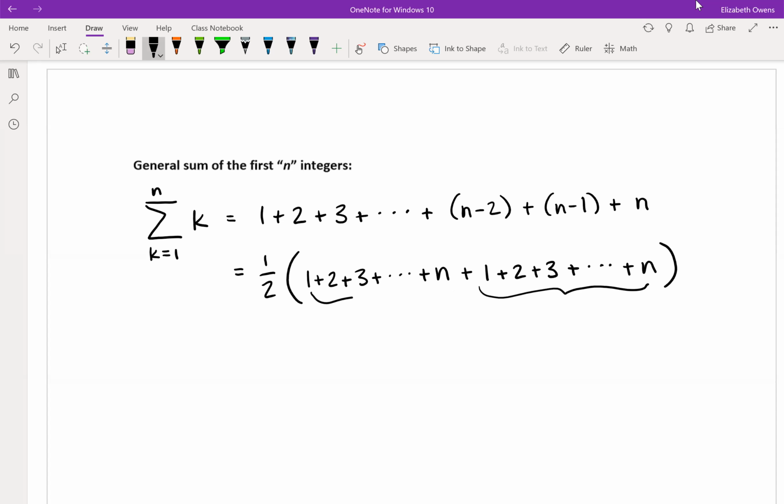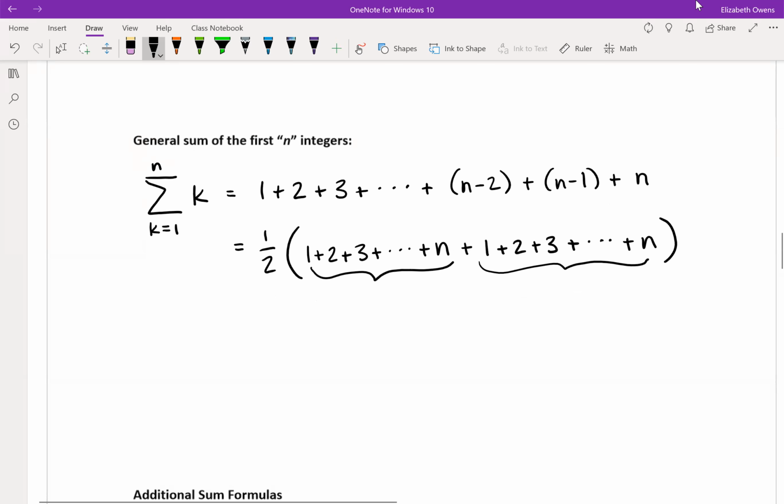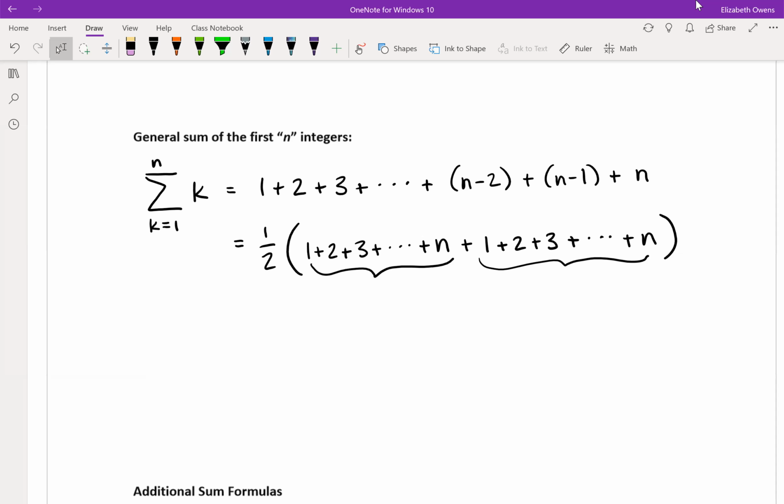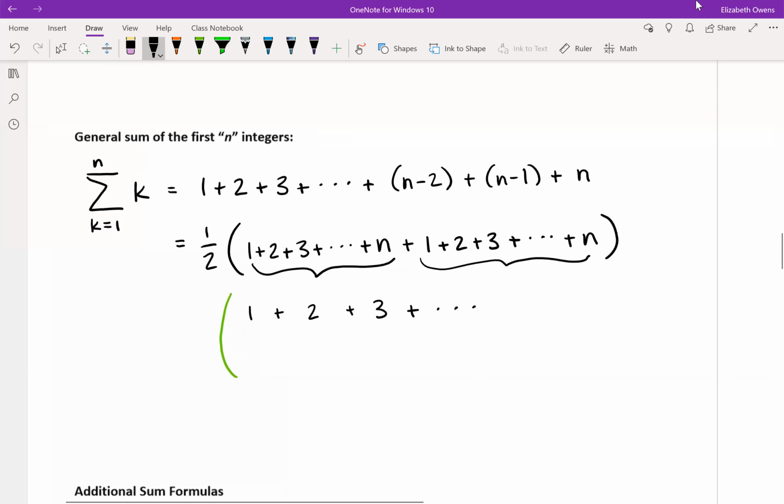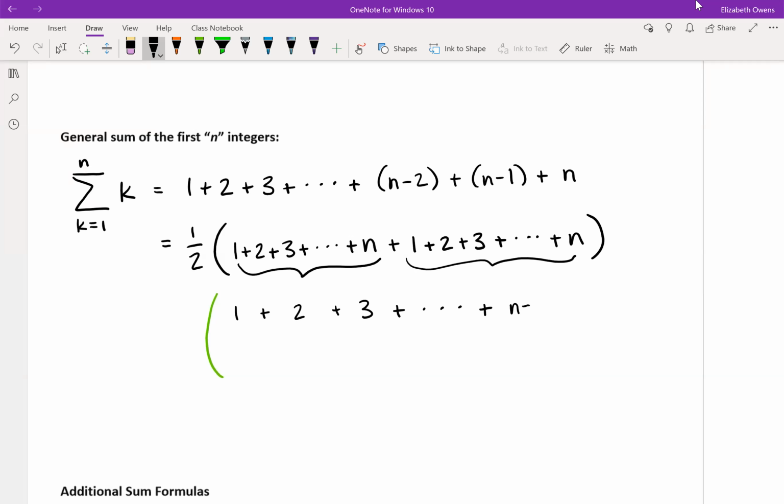All right, so there's our two groups. Each one of them just goes from 1 to n. And so we're going to have, for this portion alone here, our two groups. I'm going to put some big parentheses here. We'll have our 1 plus 2 plus 3 all the way up to n minus 2, n minus 1, and n.